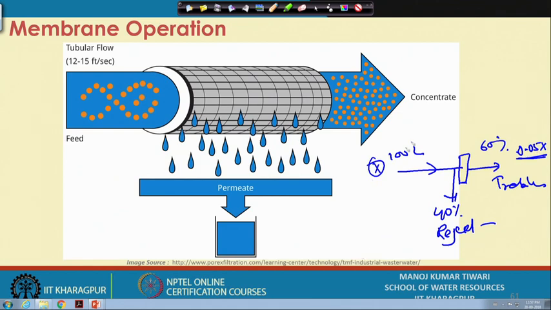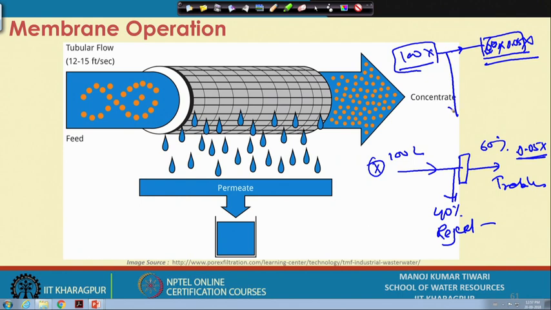That means the 100 liters has x concentration, so this much mass came into the system, and how much mass left the system? Because we got just 60% flow, that is 60 liters into 0.05x mass left.